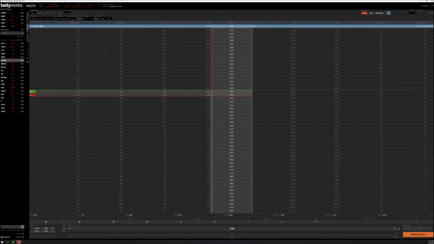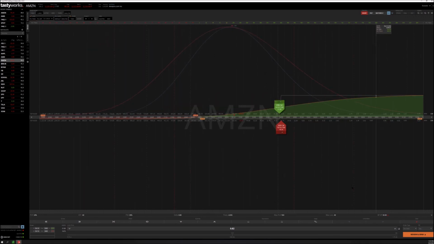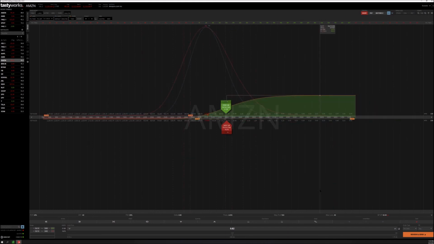For example, and this is just a prime example, this is how much options could be worth going 300 points out. Okay. So your max profit will be what it says down there at the bottom. $82, $918. Okay, that's your max profit.